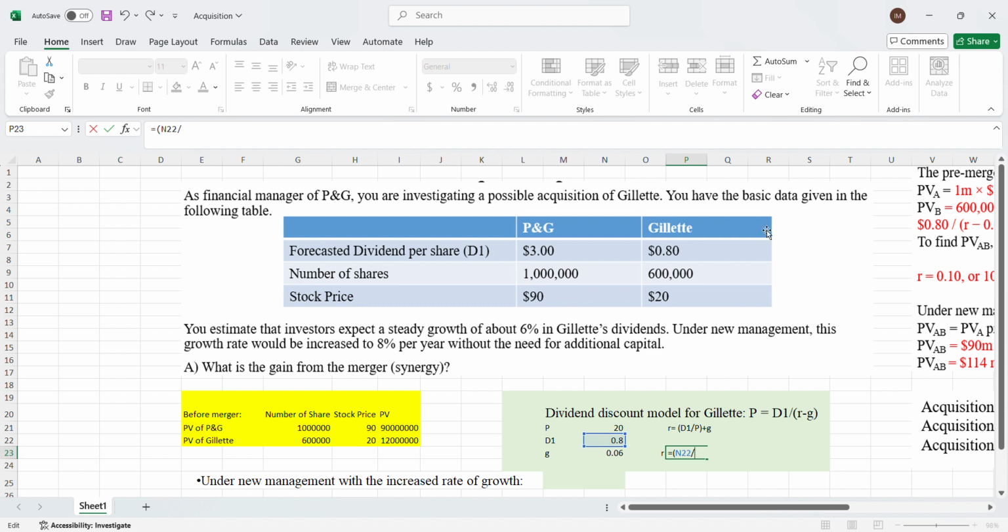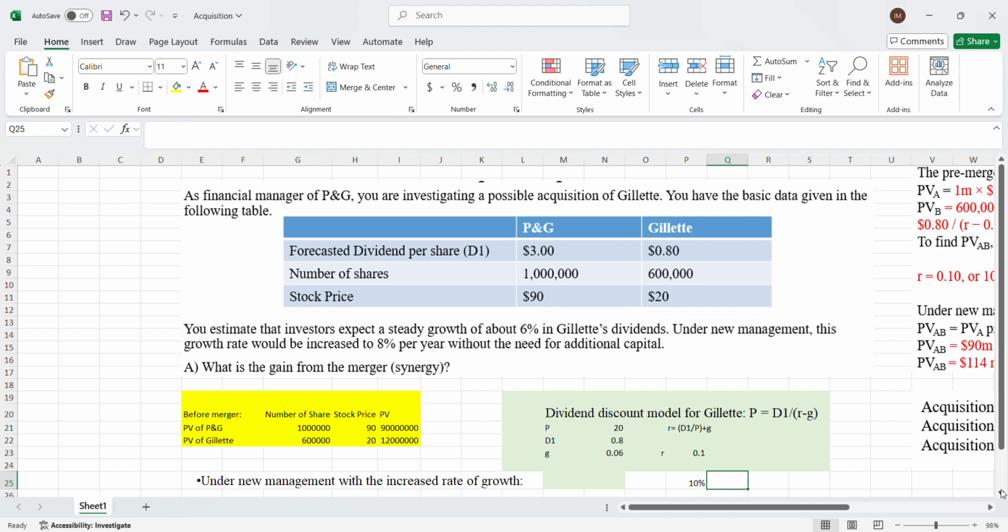The price is 20, you can see it for Gillette. Then plus the growth rate. Our growth rate is 6%, as given, and thus we can see the rate is 0.1, equal to 10%, right? So we have our 10% dividend discount rate for Gillette.